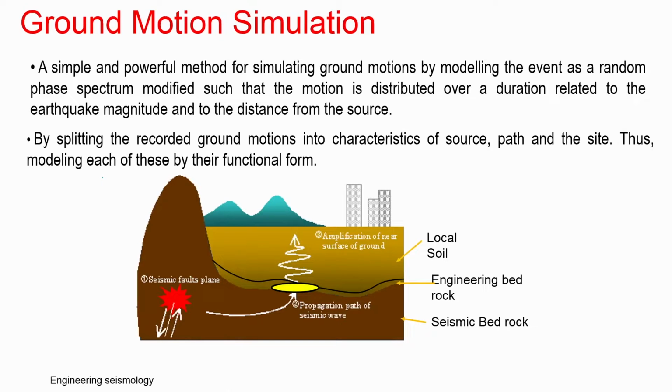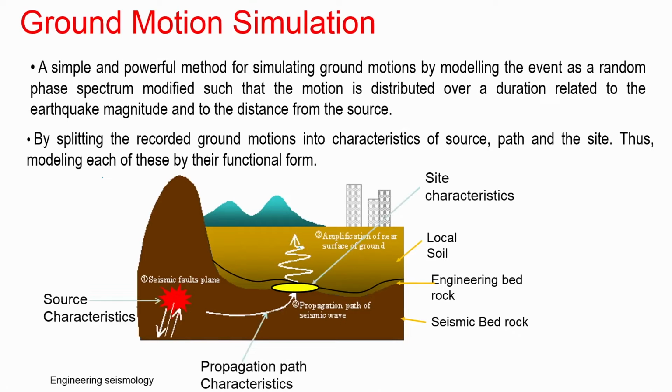So, the entire process we deal with can be grouped into three categories. One is the source characteristics, which takes into account what happens at the source.